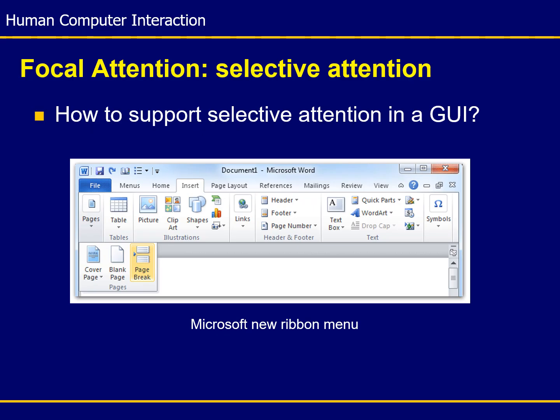This speeds up the selective attention process because the user does not have to go through a process of clicking through submenus, and scanning those submenus when everyone opens to actually decide where to go next. So all that was thrown away, and they just laid out everything in front of the user, and the user can change the tab content by clicking on the labels at the top: menus, home, insert, page layout, references, and so on.